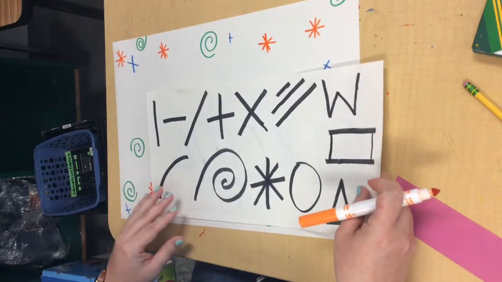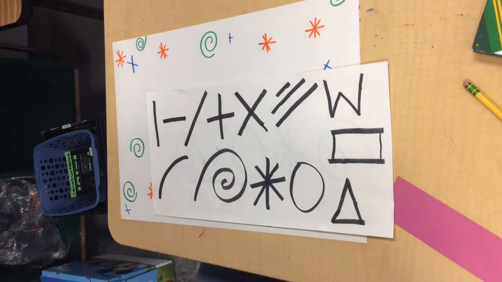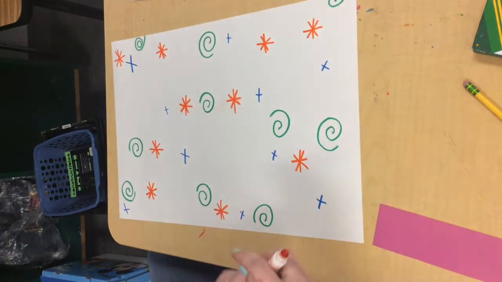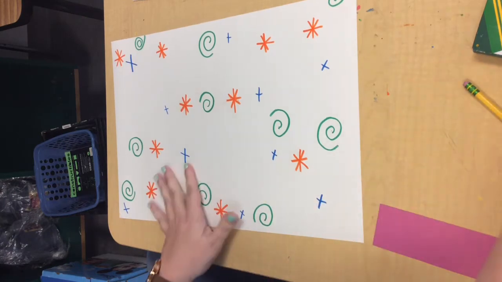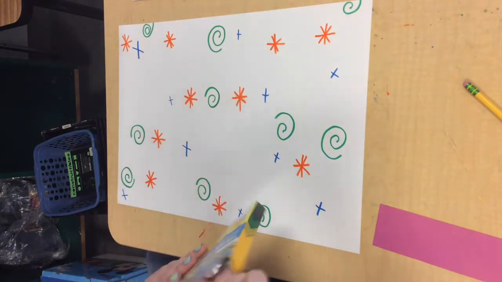Una más. All right, guys, let's pick another line. Let's do a letter. We can do a W. Let's pick a new color. Oh, look at how cool our wallpaper, our wrapping paper is turning out. Let's do a yellow.